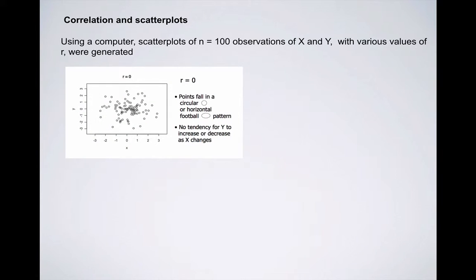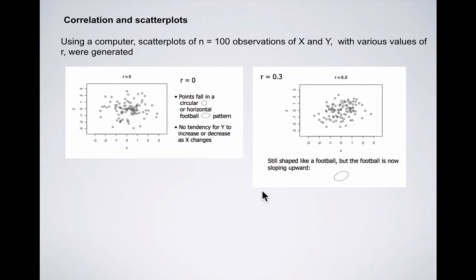So if we have a correlation coefficient of 0, then the points plotted tend to be more in a circular pattern with no real trend, either positive or negative. If we have a correlation coefficient of 0.3, you start to see a slight upward trend, but it's not all that strong.